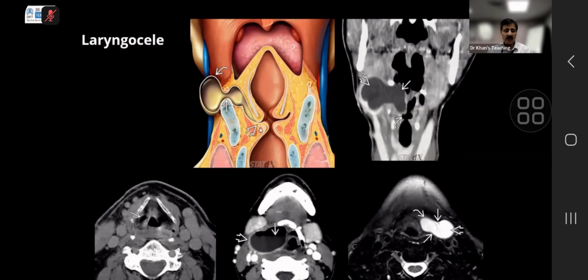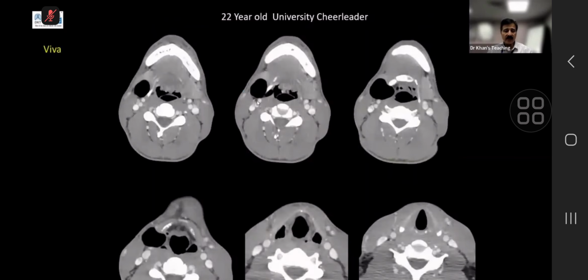Now, once it is dilated, then it will contain air. An internal laryngocele will stay within the laryngeal endoskeleton, but the external one penetrates the thyrohyoid membrane and goes out.